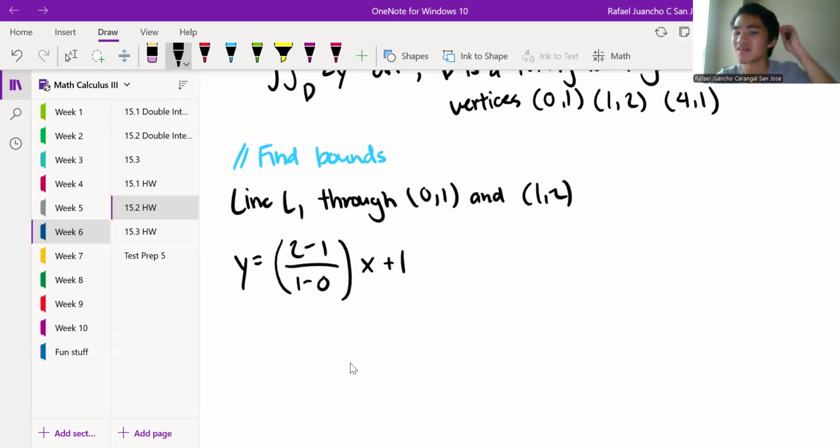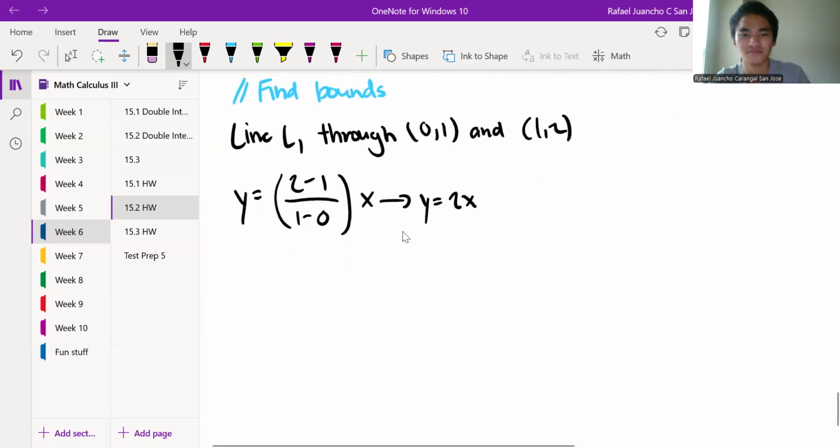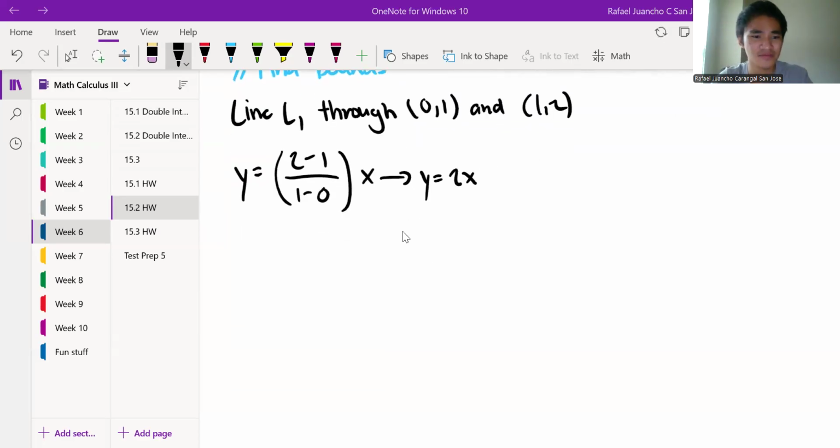That's the equation of that line. So this gives me y equals 2x plus 1, where if I plug in a 0, I get 1, and if I plug in a 1, I get 3. What? Is it just 2x? Oh, shoot, my bad. It's just 2x. So here you have y equals 2x. That's line 1.